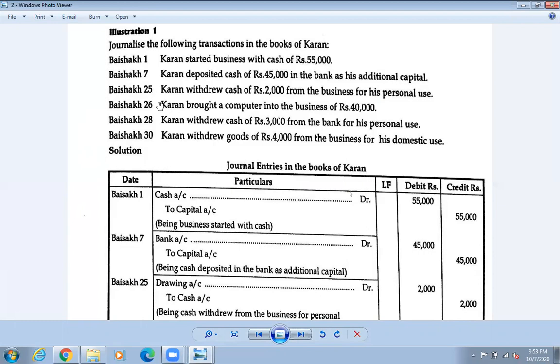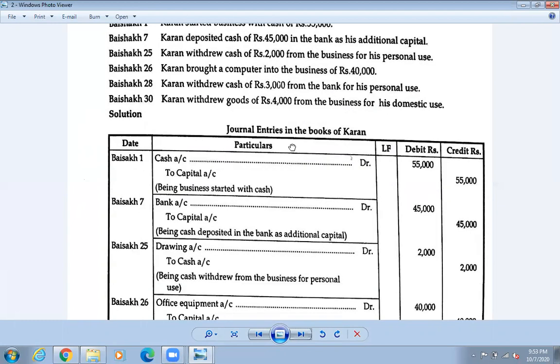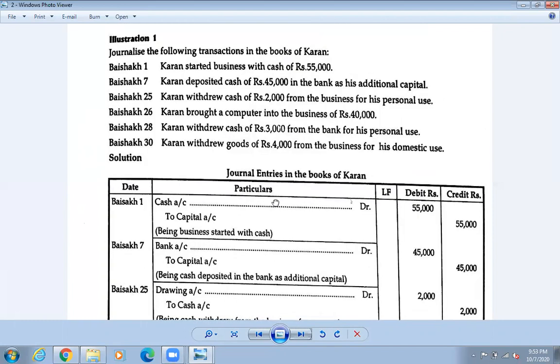Okay, 26. So Karan bought a computer into the business. Something is coming into the business. So what is that? That is the capital. When something is coming into the business, when you add something for the business, what is that?